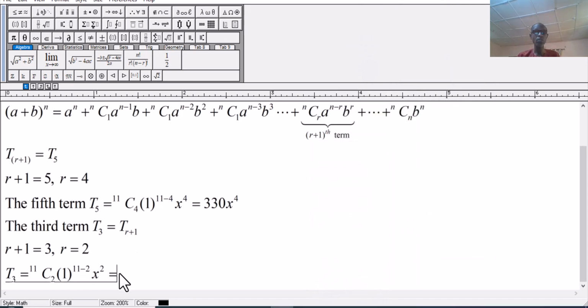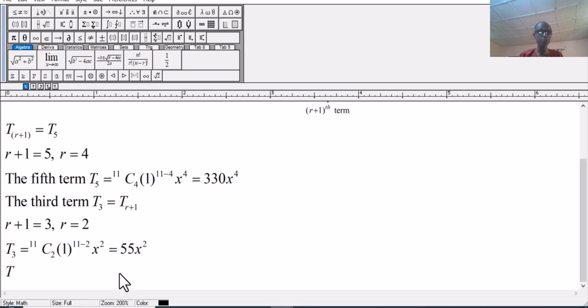So that is 55x squared. So we've gotten the value. They now said T5 is equal to 24 times T3.